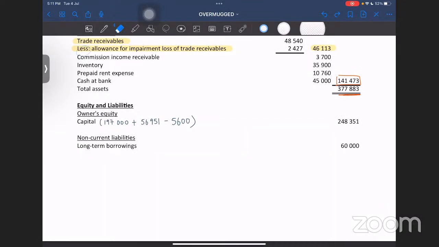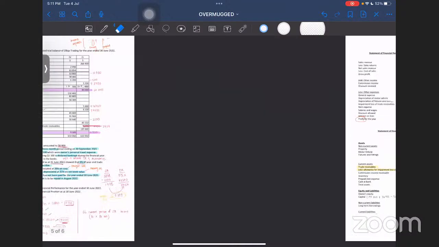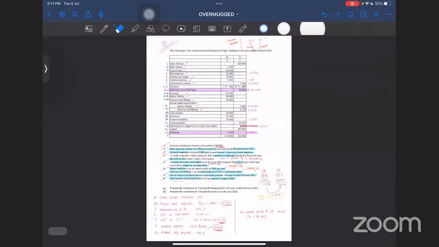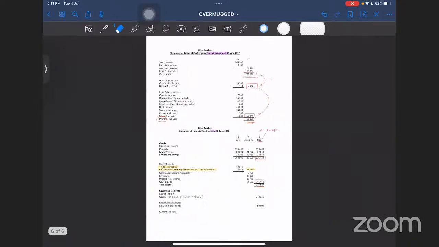Okay, straightforward. Next one, current liabilities. Same idea, I'm going to come back here and find all the CLs and I will throw it in this section. Okay, so I will have something like that.